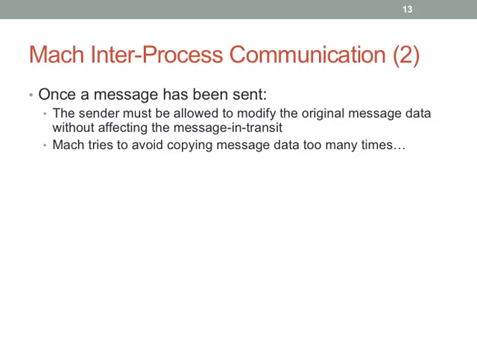But the receiver hasn't received the message yet. That's tricky. So we need to make sure that either the kernel gets a copy, or maybe we can use a copy on write technique, or something like that. So basically, this set of design constraints made it a little bit challenging to support easily.